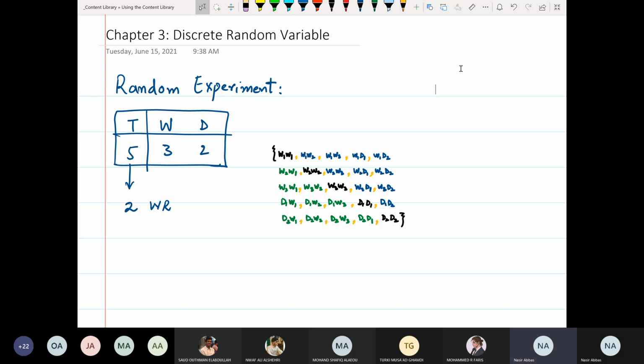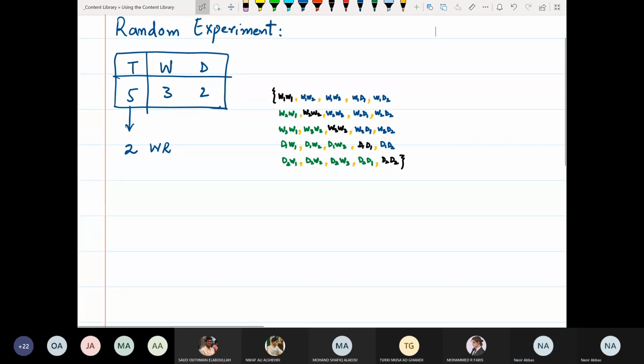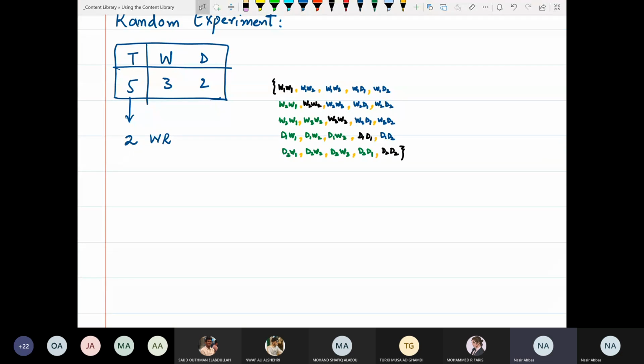Now, from the random experiment, by the way, how many outcomes are there in this random experiment? There are 25 possible outcomes. I highlighted some of them with the blue color, some with the black, and some with the green color. So all in all, there are 25 possible outcomes of this random experiment.